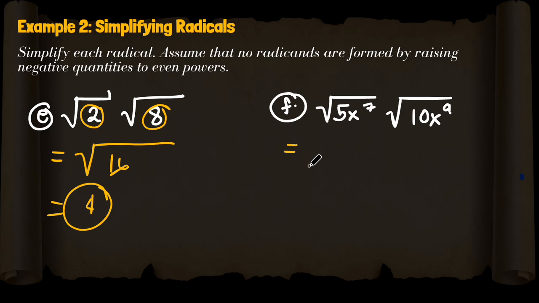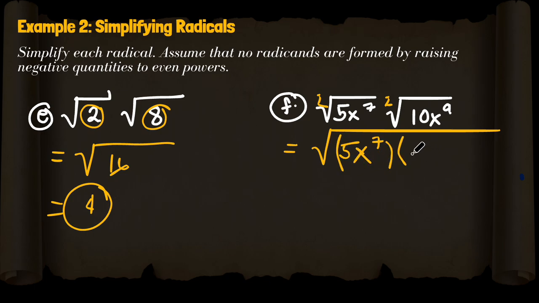In this case, another easy example, since pareha sila ng radicand sign or index, sulat natin sa loob ng radical sign na may same index din. Okay? So, 5x, then multiply the radicand, yung mga terms sa loob ng radicand sign. So, we have 5x raised to 7 times 10x raised to 9.